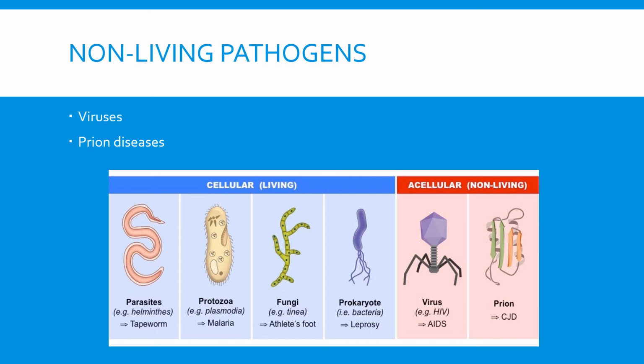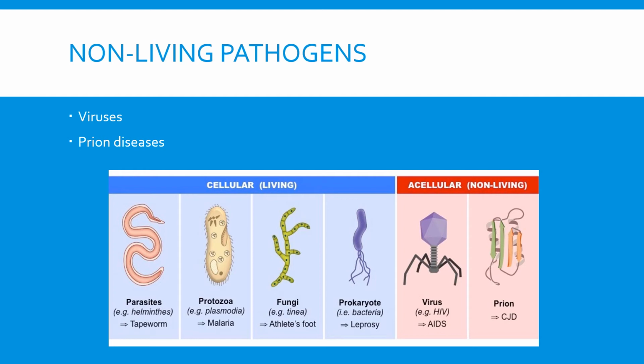So while eukaryotes, prokaryotes, and archaea are all living organisms, there are some non-living pathogens as well, and those are viruses and prions. Now, viruses we've talked a little bit about before. They either have DNA or RNA, and they are quite a bit smaller than bacteria. Viruses can be up to 10,000 times smaller than some bacteria, and they're referred to as acellular.